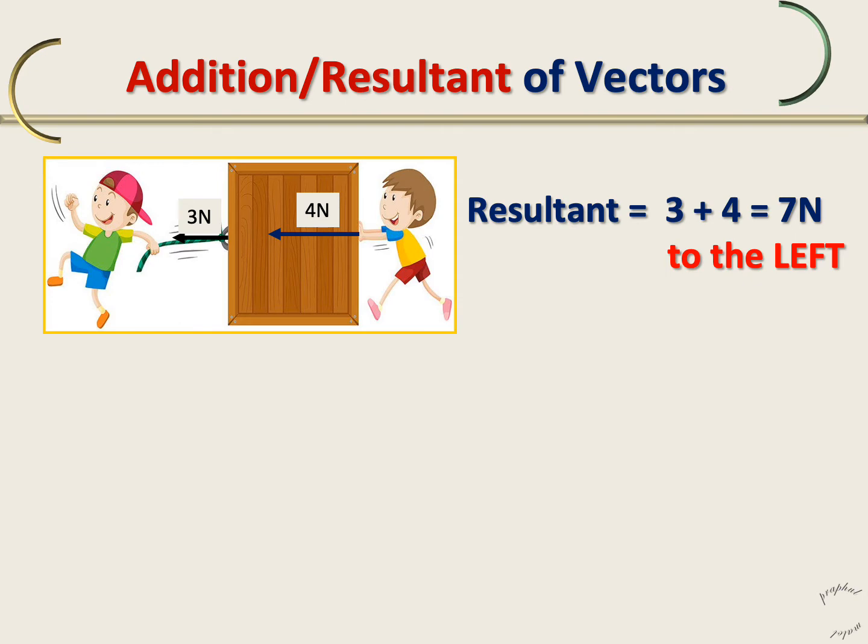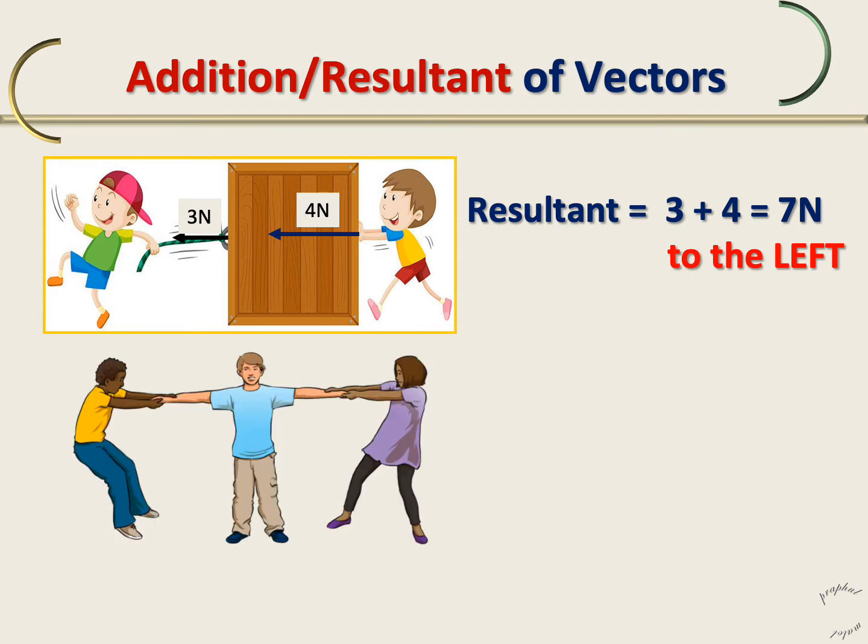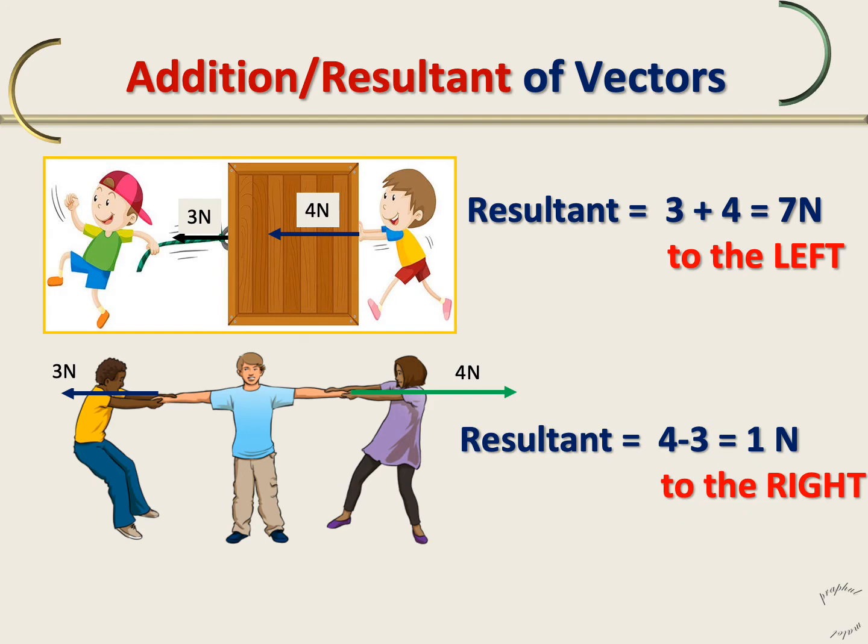Here this is a very simple case because both of the vectors are acting along the same line and also in the same direction. So in this case it's very easy to add vectors, and even if the forces are acting from opposite directions but exactly in the same line, like the second example you see. One person is pulling with 4 Newton, another person pulling with 3 Newton. What is the resultant force on the person standing in the middle?